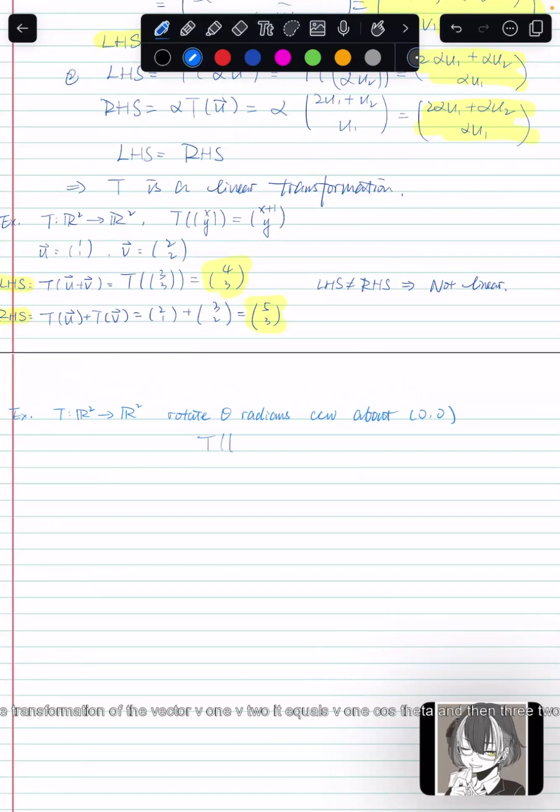Such a matrix looks like this: the transformation of a vector (v1, v2) equals (v1 cosine theta minus v2 sine theta, v1 sine theta plus v2 cosine theta).